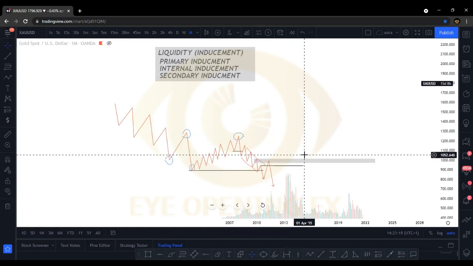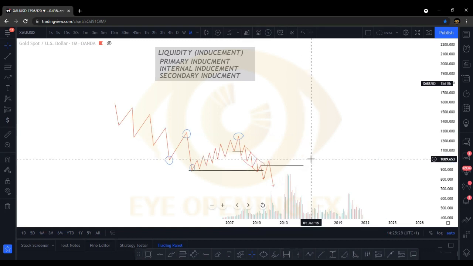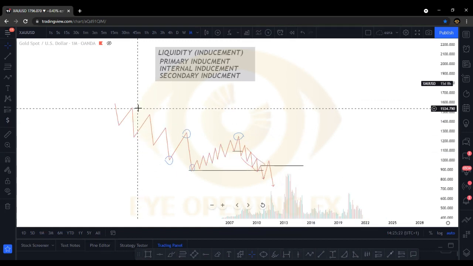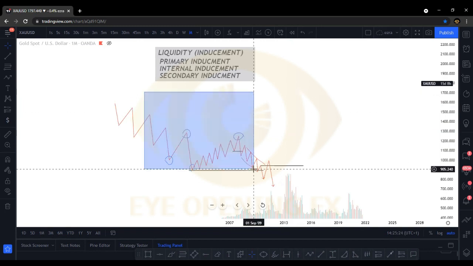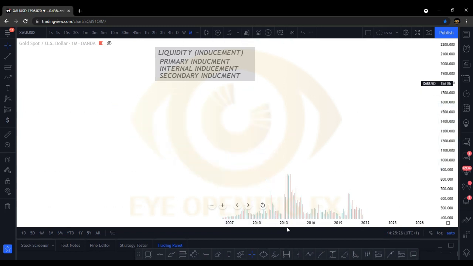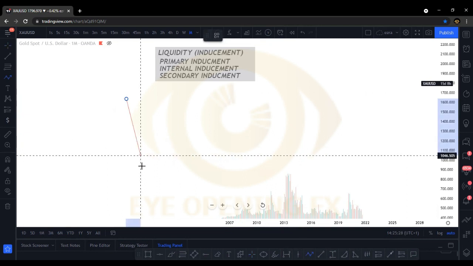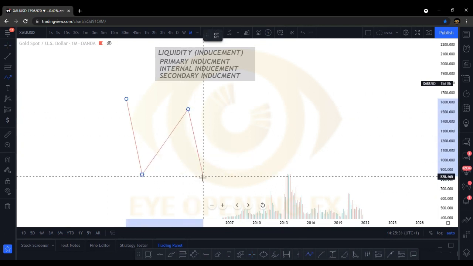Now, our idea of primary internal inducement is this. Now let's use another diagram. Let's take, for example, a lower low and a lower high. A lower low is formed.